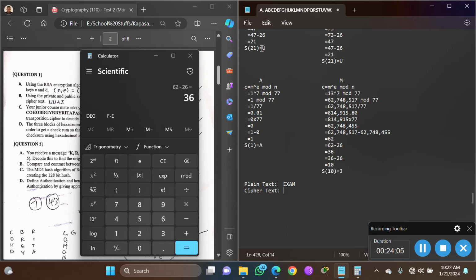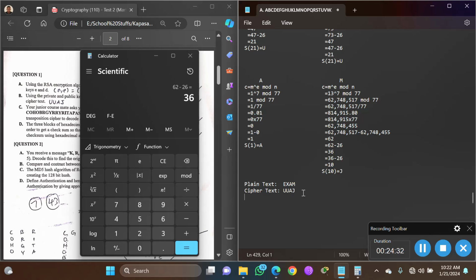The first answer, as you can see, is U. The second answer, again, is U. The third one is A. Then the last one is J. So encrypting the word exam using this RSA algorithm with the key of 77,7, we get a cipher text which is UUAJ.